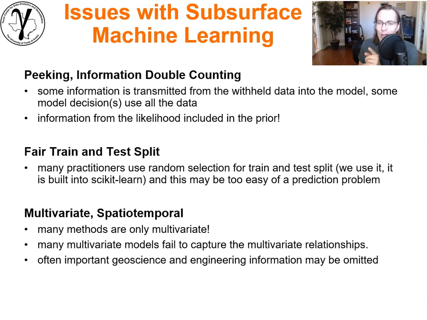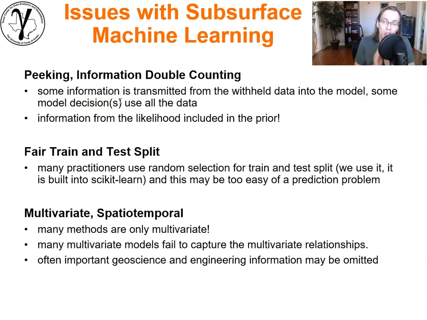Peeking, information double counting. This happens all the time. Some information is transmitted from the withheld data into the model. If you're really doing model validation testing, you should not be using the information in the first part to train the model. Some model decisions use all of the data. You see that?